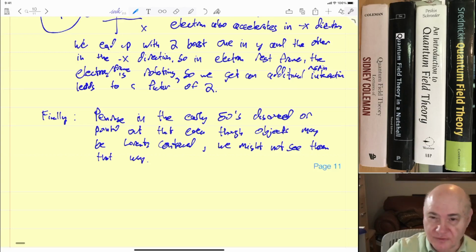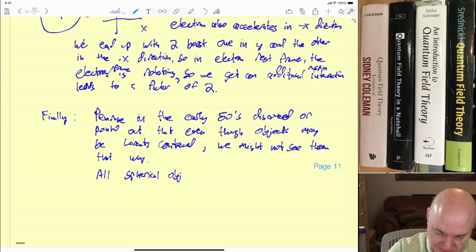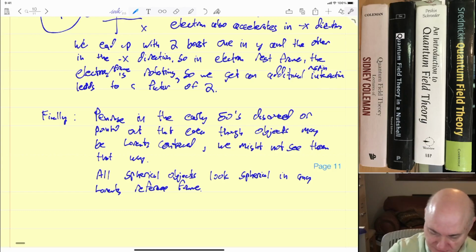What Penrose showed, just as an example, is that all spherical objects look spherical in any Lorentz reference frame. I'm assuming that the sphere is either at rest in some reference frame or traveling at uniform velocity.